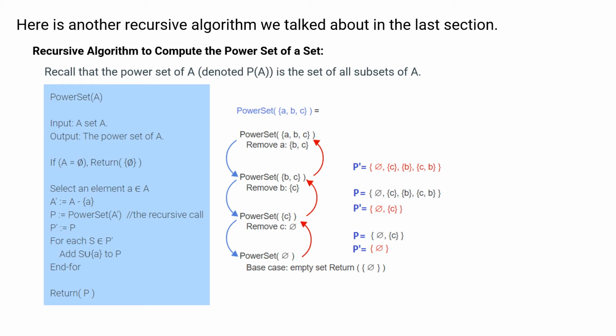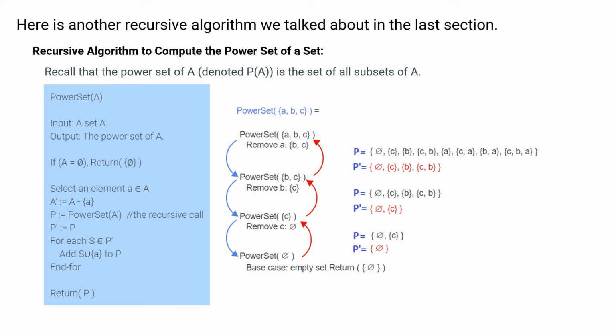And then again, we see what got taken away in that iteration, and that was an A. So the new P is going to have everything that's in P prime, but then we'll also put the A into each of the sets in P prime, and so we'll get four new sets too.